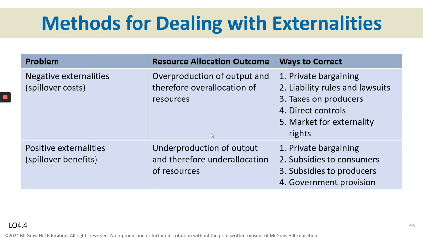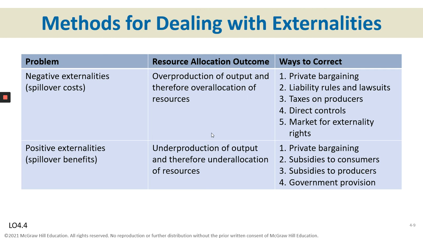A business or factory that pollutes more has to buy more permits. But if they reduce their pollution, then they can sell those permits to somebody else that may need them. So that creates a market for externality rights. Of course, you've still got the pollution. But the goal would be always for those permits to go up in price.